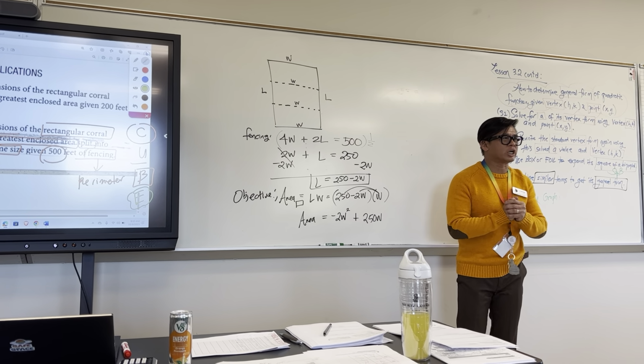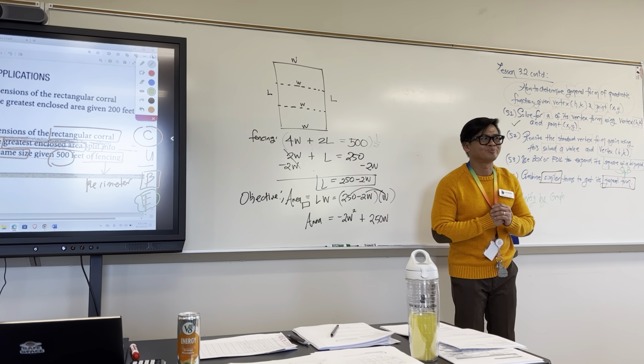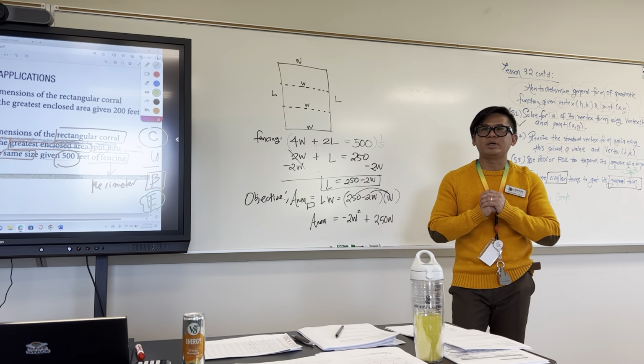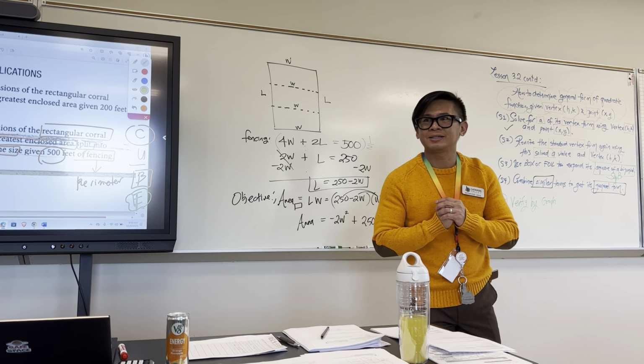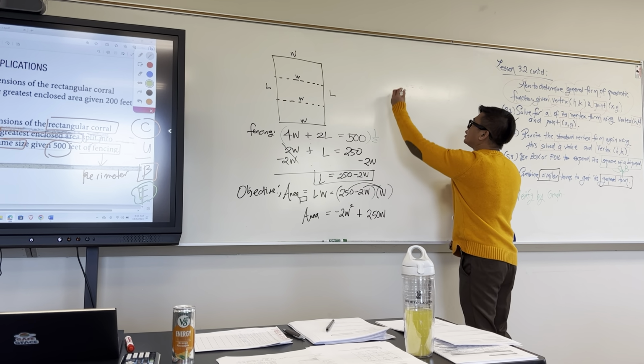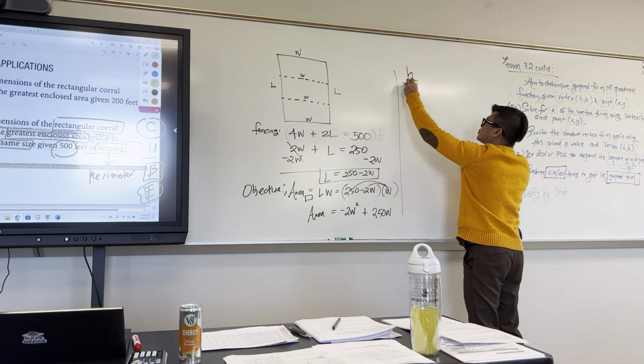What part of a quadratic function will always give you the minimum or the maximum? What part of a graph will always be the minimum or the maximum, guys? Vertex. Very good. So to get the vertex, what's the x-coordinate of the vertex? Your h.